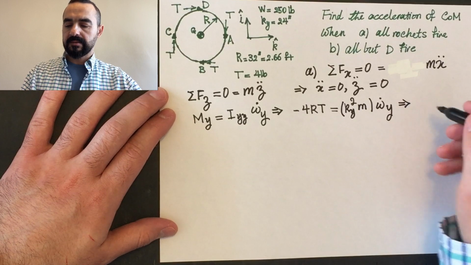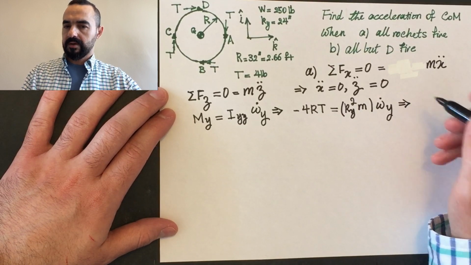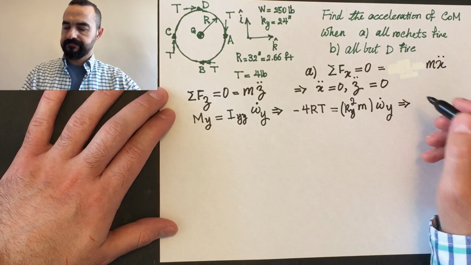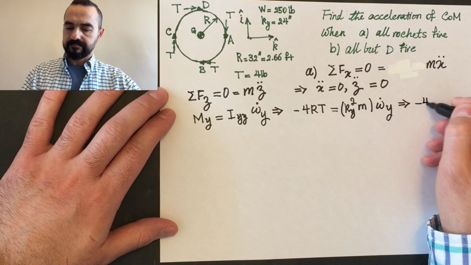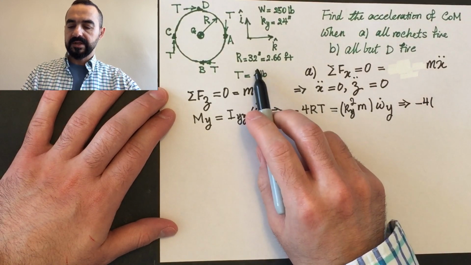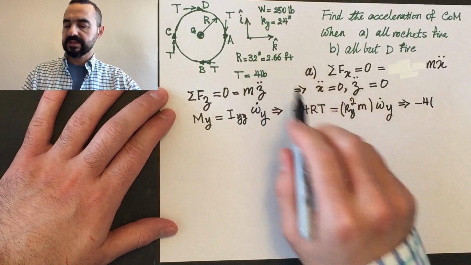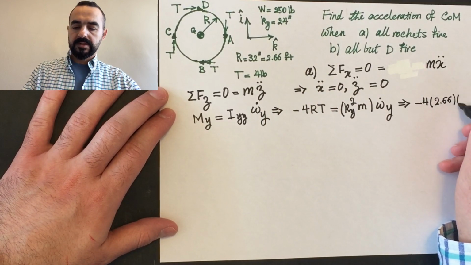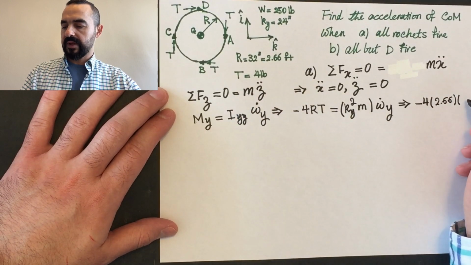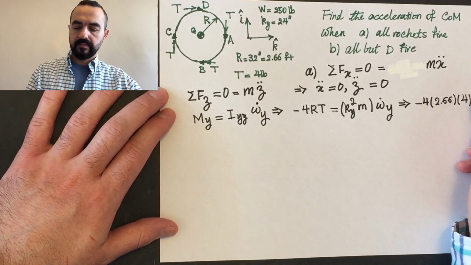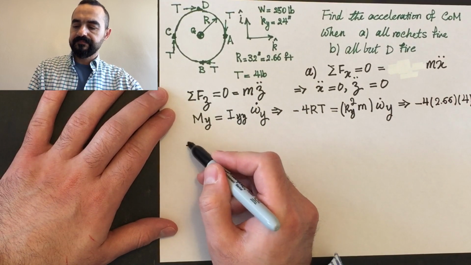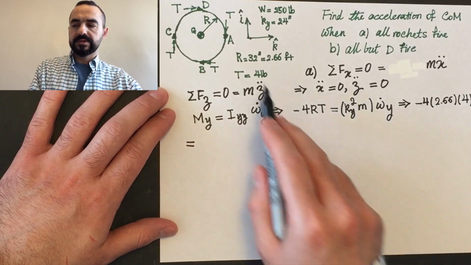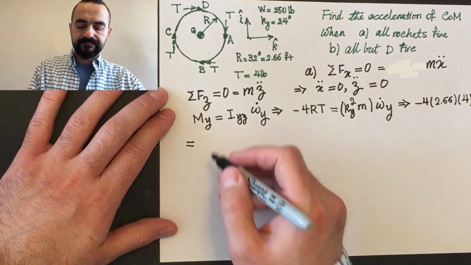So we get minus 4 times the radius, which was 2.66 feet, times the force, which was 4 pounds. And that's equal to ky, which was 24 inches.